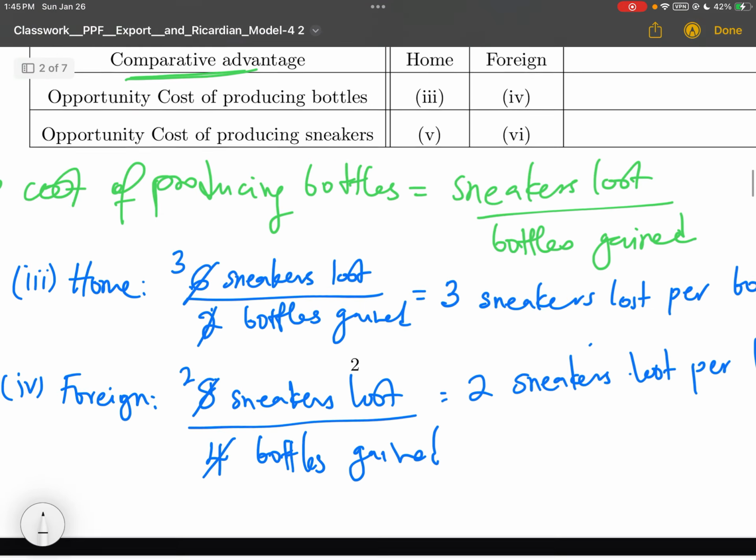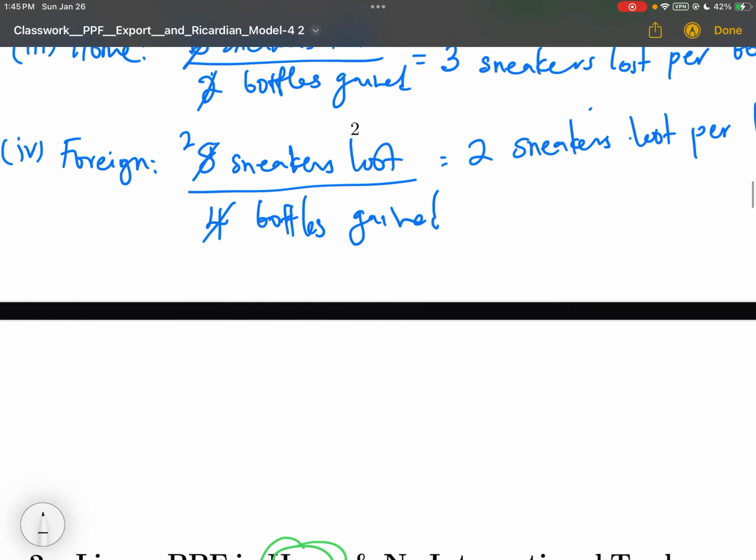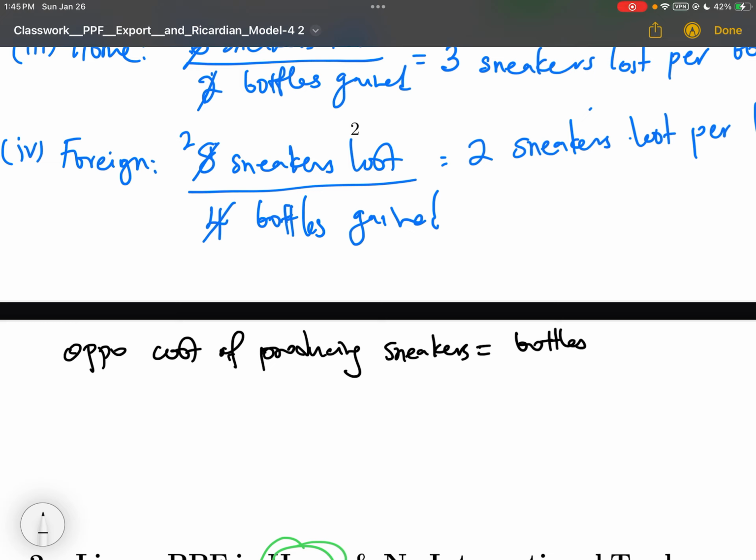Okay, opportunity cost of producing sneakers, right? That formula will be bottles lost over sneakers gained.